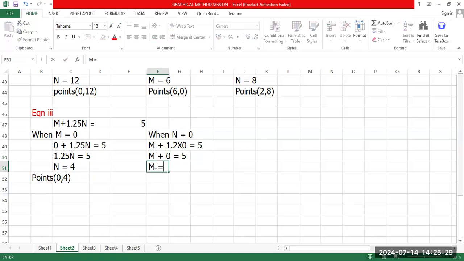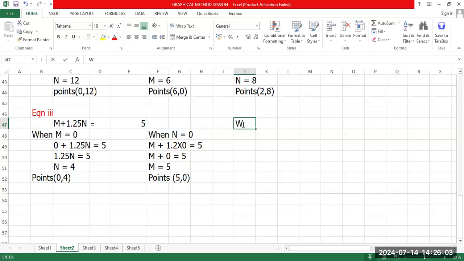My m is equal to 5. Points. These points must be different. If you realize that you're getting the same values, the points you have here must be different from the points you have here. If all figures are the same, you need to choose another value here. So the points to plot, it is 5, then 0.